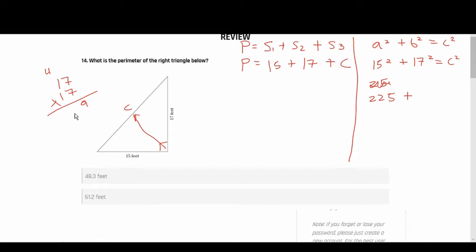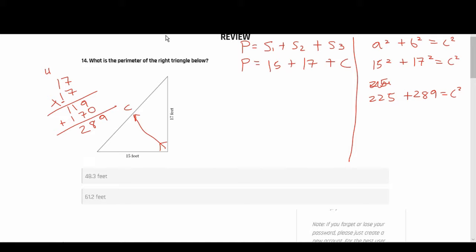Plus 4 is 7, 8, 9, 10, 11. Add a 0 since we're starting this 1. 1 times 7 is 7. 1 times 1 is 1. Let's add. This is 0 plus 9 is 9. 7 plus 1 is 8. And 1 plus 1 is 2. So this is 289 equals c squared.